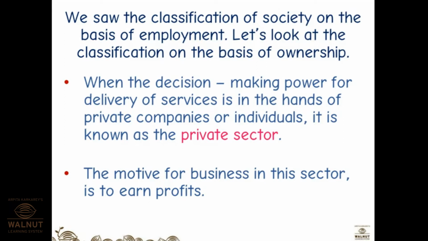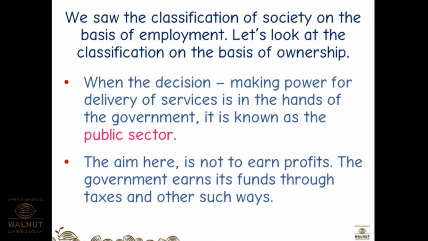The motive of businesses in this sector is to earn profit, more and more profit. They are not doing the business for social work or for the benefit of the people. On the other hand, when the decision making power for delivery of service is in the hands of the government, it is known as the public sector.